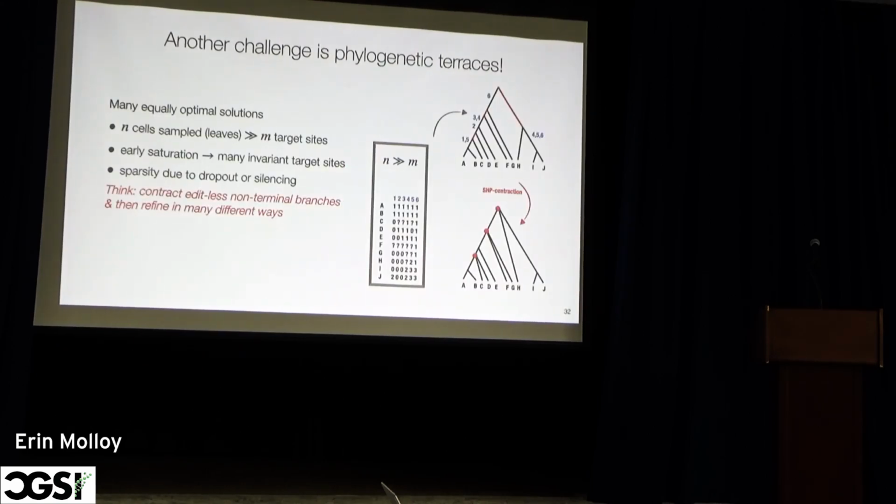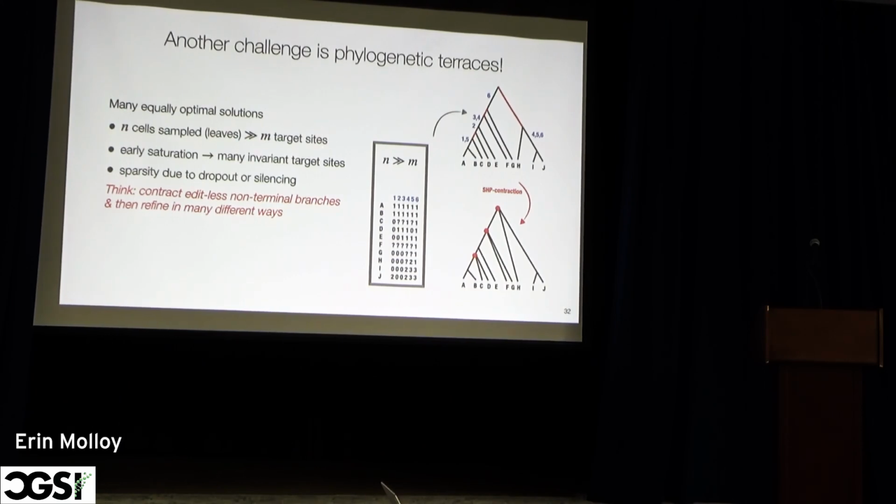Okay. And so the final thing I want to mention before I move on to this technique is that this type of data is really plagued by phylogenetic terraces. This is the idea that there are many equally parsimonious cell lineage trees. And this occurs for a number of reasons. One, there are technological limits to how many target sites you can currently add, or also cost limitations.